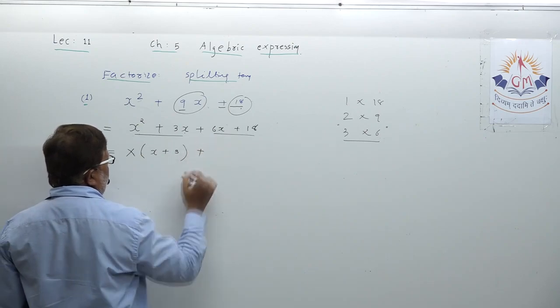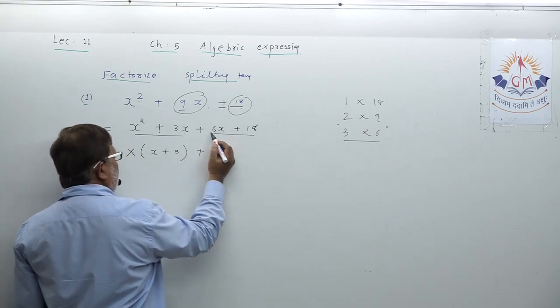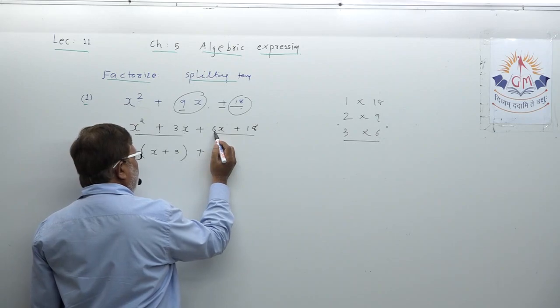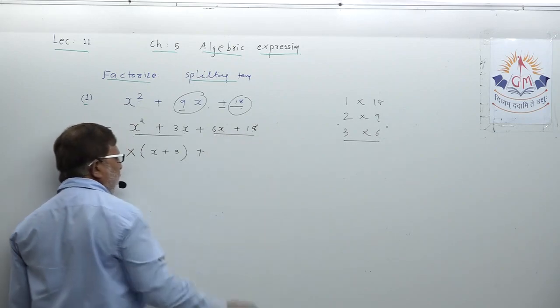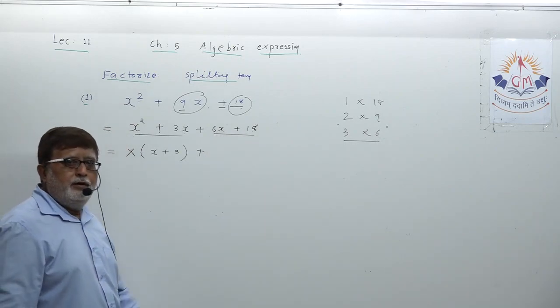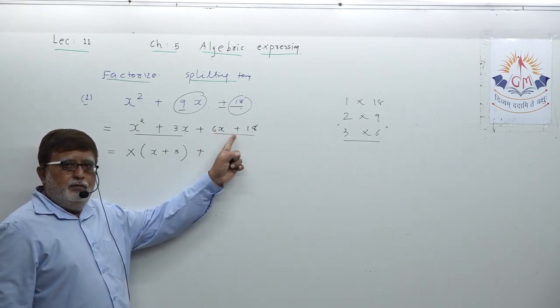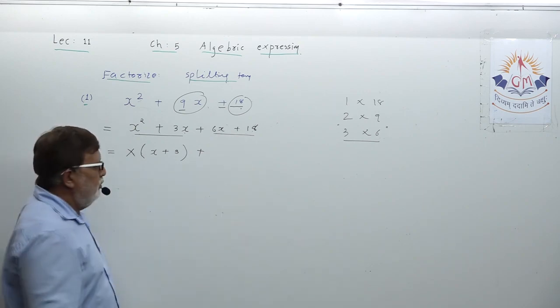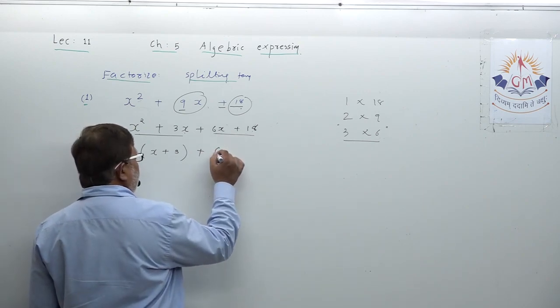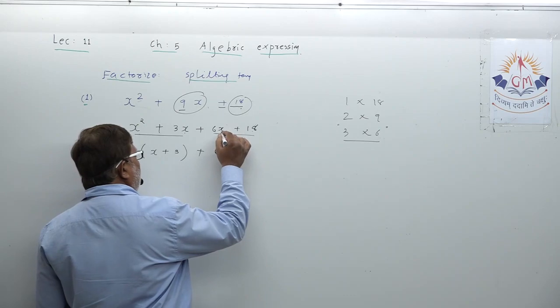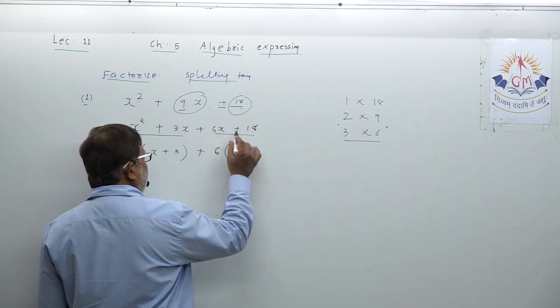Plus sign. x is not common now. From 6x and 18, try to understand, what is common? 6. So let us take 6 as common. What is left here? x.